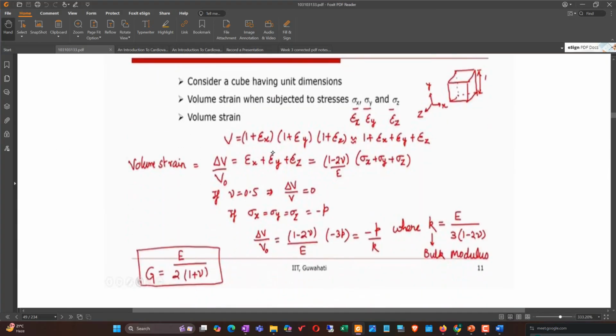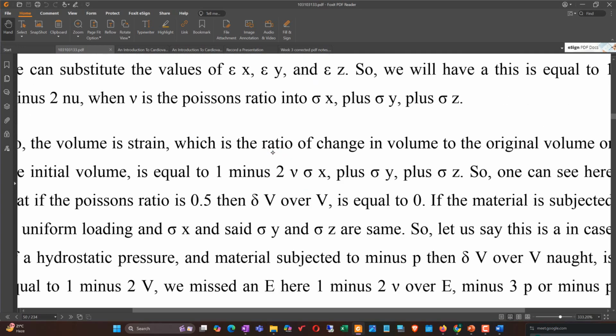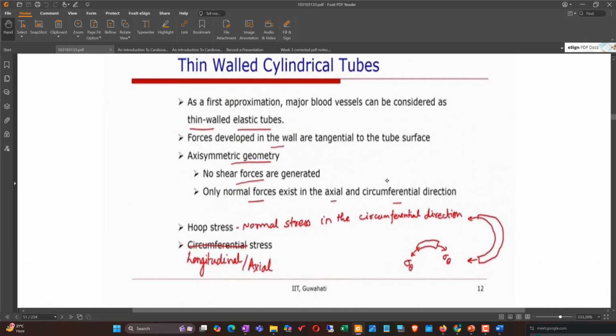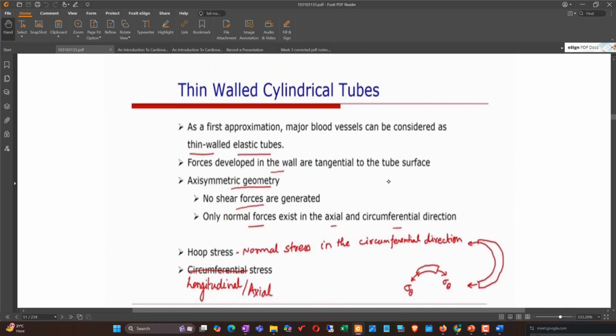Bulk modulus of elasticity has been explained and derived. Thin walled cylindrical tubes, and how these thin walled cylindrical tubes are defined with the hoop stress, longitudinal and axial stress has been defined.